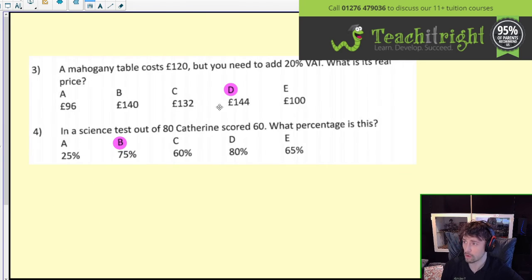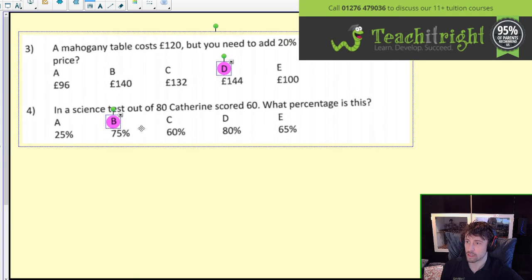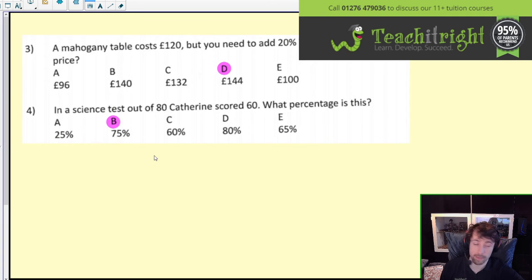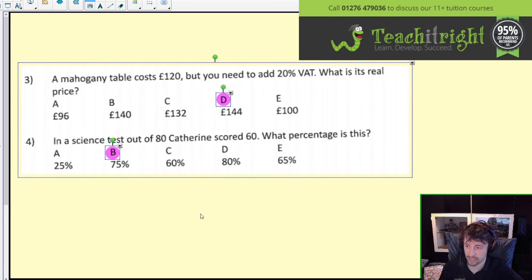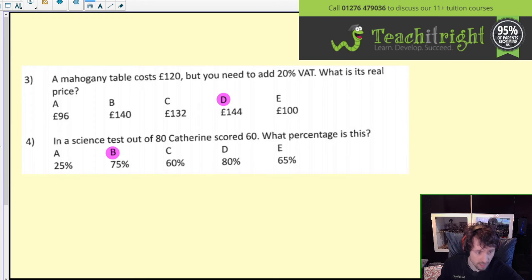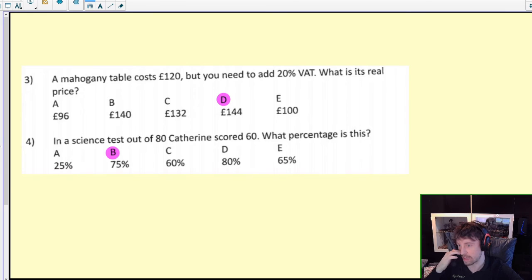Right, let's go 3 and 4. So a mahogany table costs £120 and you need to add 20% VAT. That is just a fancy way of saying add 20%. So what's the real price? Let's put that there so we can see nicely and clearly. So what do I have to do?